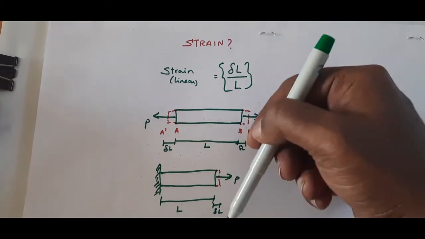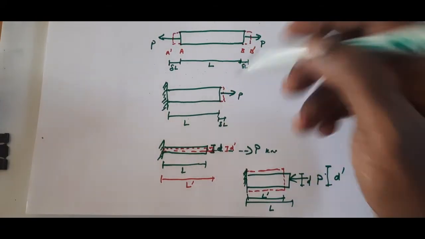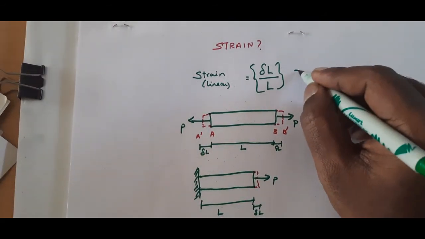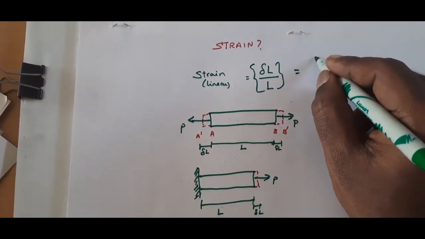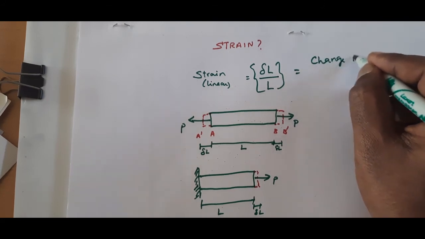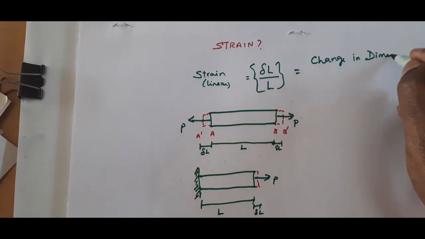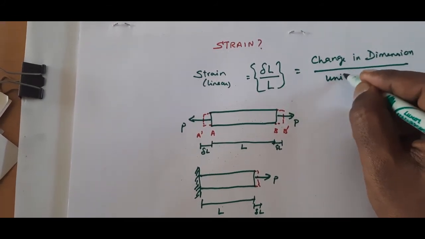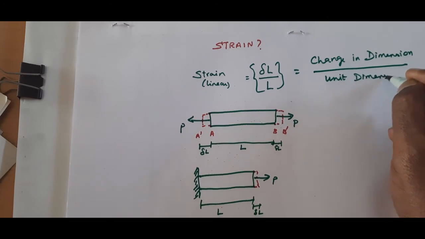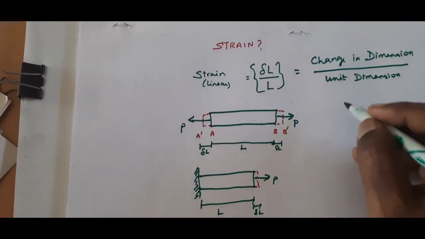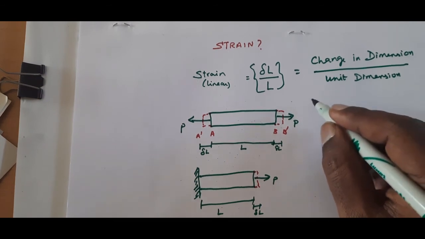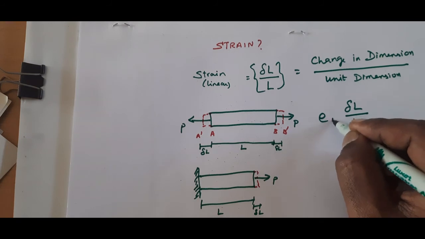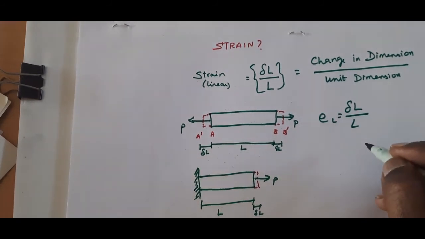Normally, when I want to find strain, as per the definition, it should be defined as change in dimension per unit dimension. This can be any kind of dimension. So if I want to find a longitudinal strain, I will do delta L divided by L. So longitudinal strain, EL, is equal to delta L divided by L.